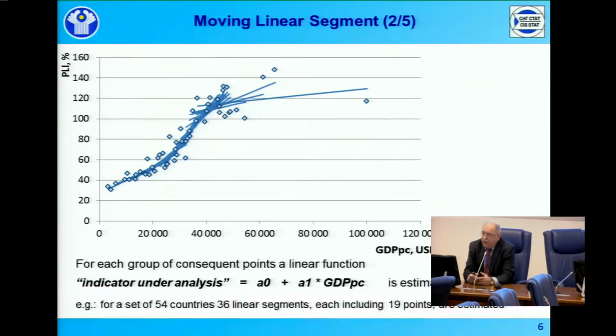For instance, if we have 54 points in our original set of data, we can calculate linear regressions for each 19 points in sequence. Sure, the choice, whether it would be 19 points or 13 or 7 or etc., is the subject of analysis for a researcher who starts to analyze this.